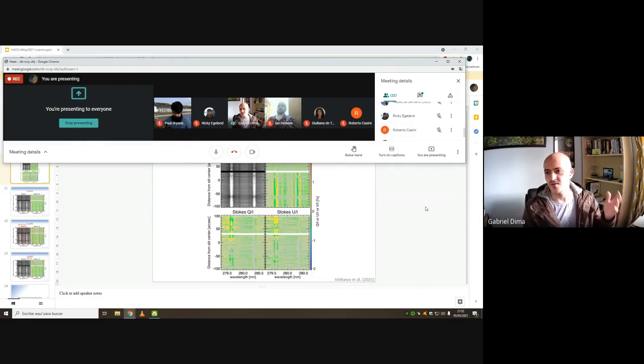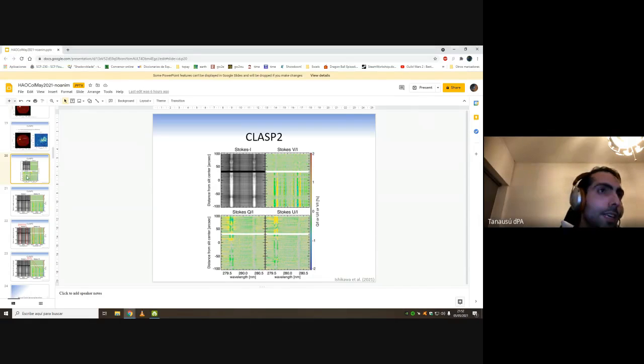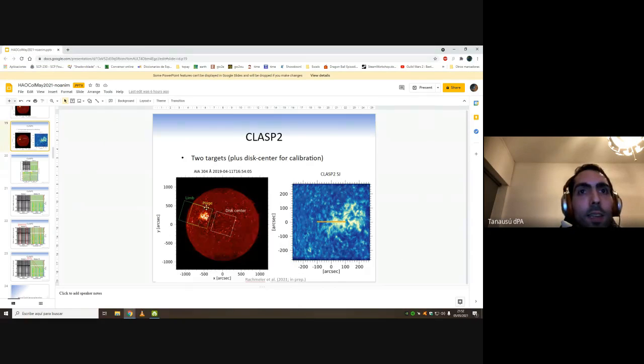So the argument was maybe the magnetic field is being bent towards the active region core. How far from disk center was the plage region you observed? What's the angle? I'm not sure right now. It's midway between the center and the limb.